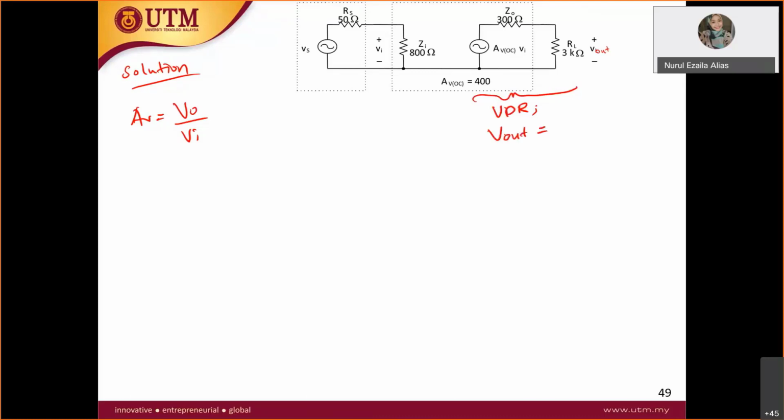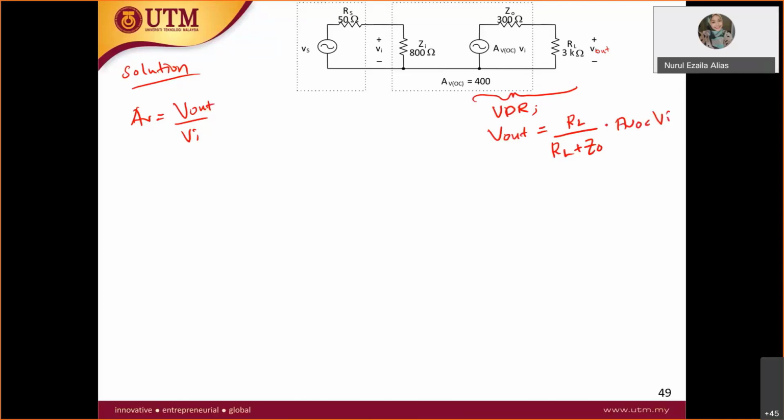Sometimes I write V out as VO. So what is V out here? You apply the voltage divider rule. V out is equal to RL over RL plus Z out times the voltage given here, which is AVOC V in. So this is the formula.